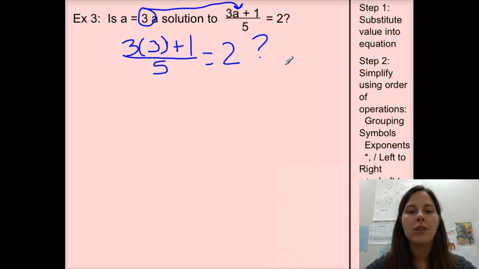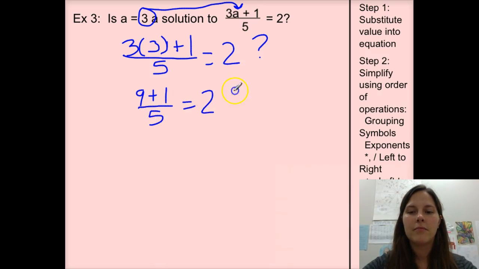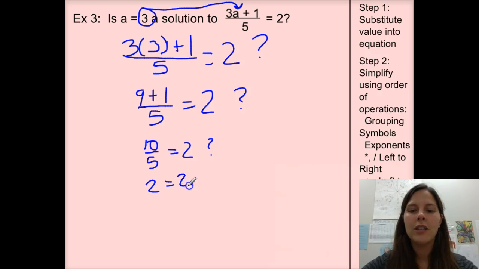In the numerator, we're going to multiply before we add. 3 times 3 gives us 9. Still simplifying in the numerator, 9 plus 1 gives us 10. And finally, 10 divided by 5 is 2. So yes, a equals 3 is a solution of our equation.